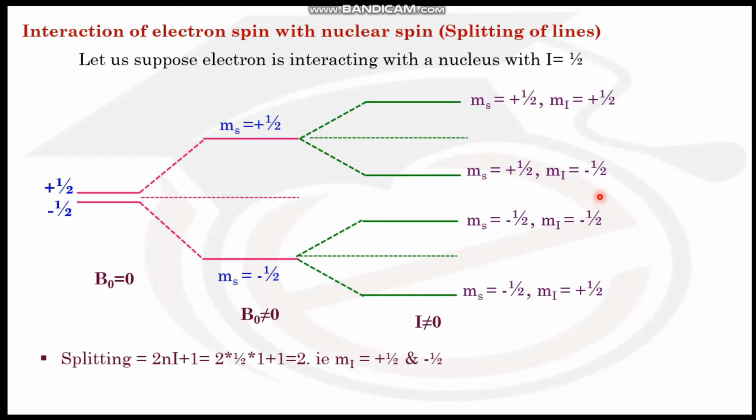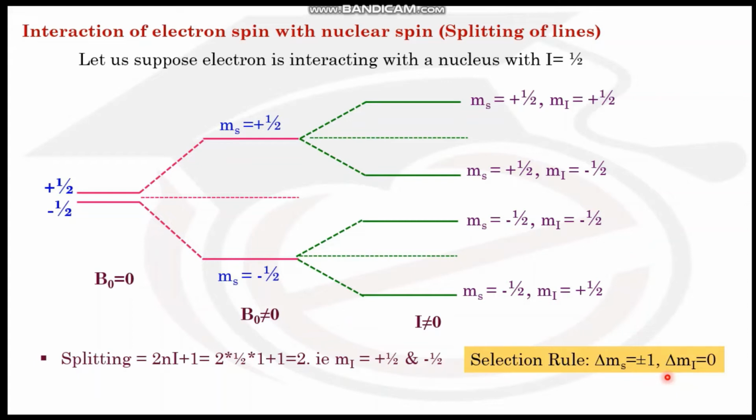Now we have to find out the number of signals that we have obtained. For that, the selection rule is there. The selection rule for ESR is delta ms equal to plus or minus 1, delta mI equal to 0. We already discussed rotational, vibrational, rotational Raman, vibrational Raman; in everything we have some selection rule, right?